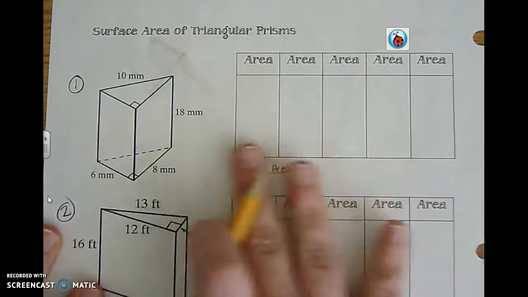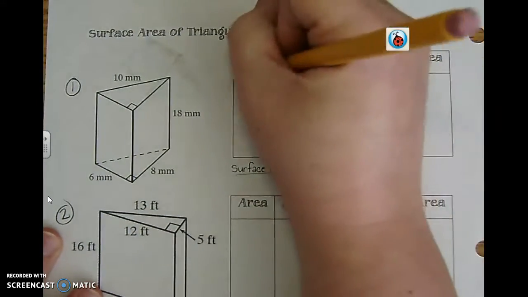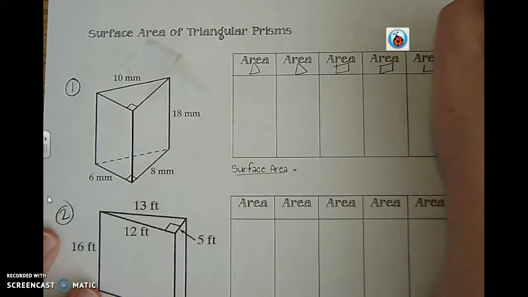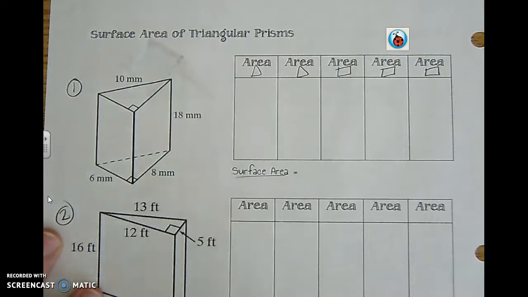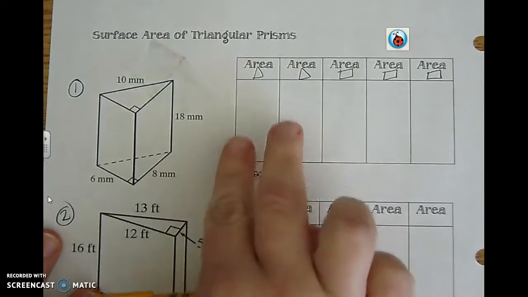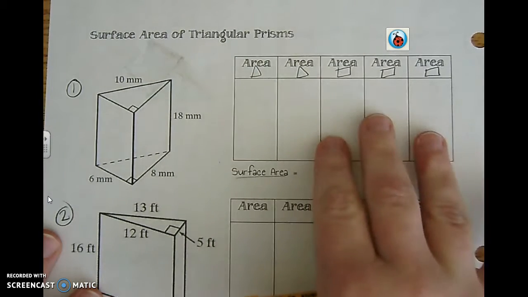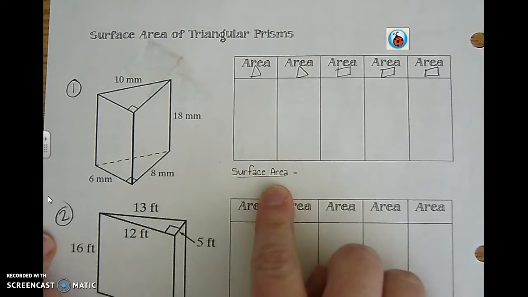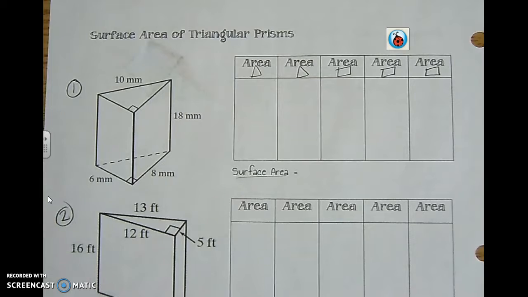That's because you have 5 faces in this figure. You've got 2 triangles and 3 rectangles. So for every triangular prism, I should have 2 triangle areas, 3 rectangle areas, and I add them together to get the final surface area. So go ahead and practice these 3 problems and then submit your responses.